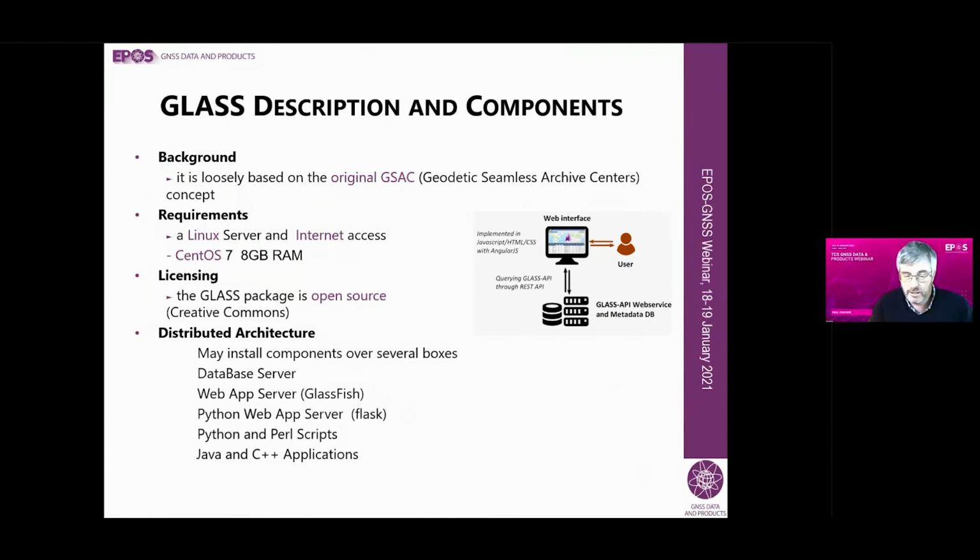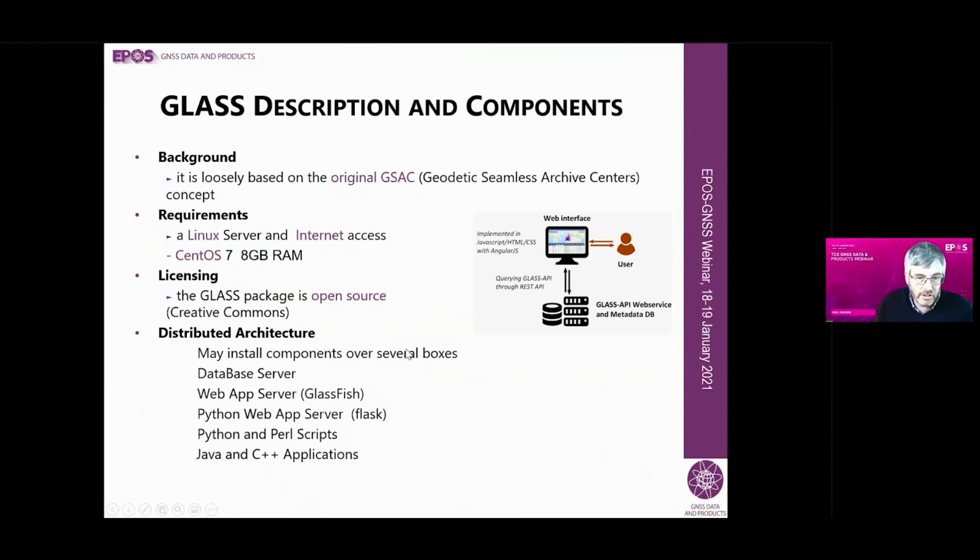But the database, the way of compiling, the way of installing, of course, is completely different. As Rui said this morning, the GLASS package is open source. You can install it all on one basic Linux server with internet access. By default, we have tested everything on a CentOS 7 server with 8 gigabytes of RAM. But of course, you can install it any way you like.